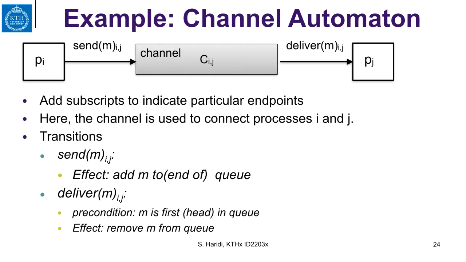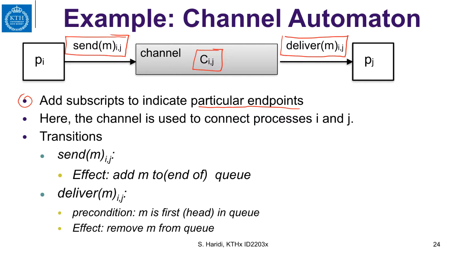To define our system of two channels and two processes, we add subscripts to indicate particular endpoints. So for example, for process PI, if it is sending a message to PJ, then the action will be send M, IJ, and the channel will be C, IJ, and the delivery will be deliver M, IJ.